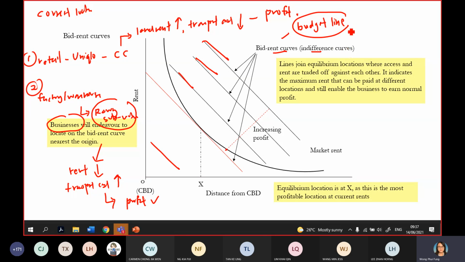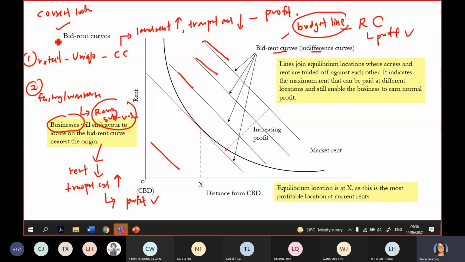Budget line means they need to evaluate the revenue generated and the cost incurred, then determine the profit. After that, they will choose their location, whether suburban or city center. The correct location of the business will be where the profit is greatest.